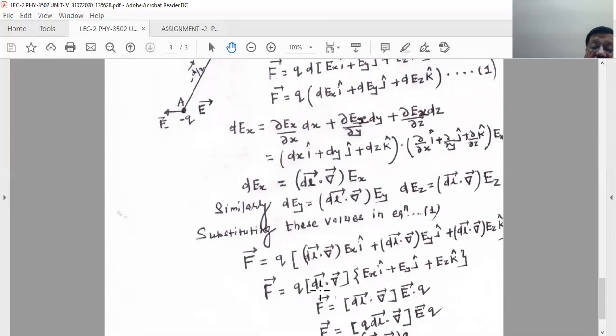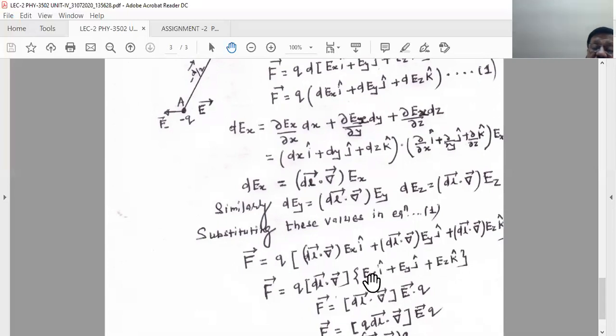So q into dl dot del into the bracket I wrote: Ex i plus Ey j plus Ez k, because this is Ex i, so this remains as Ex i. You have Ey j, and similarly Ez k.